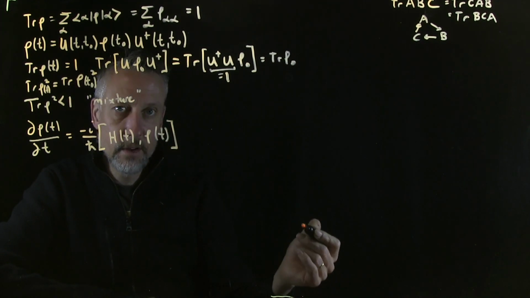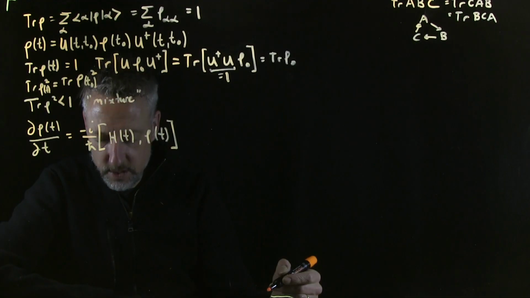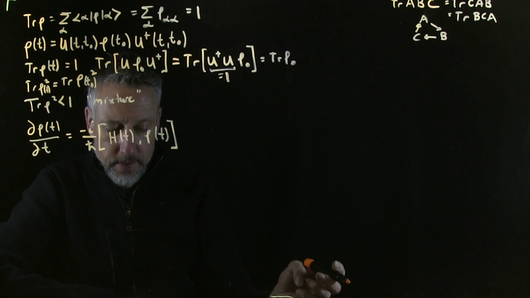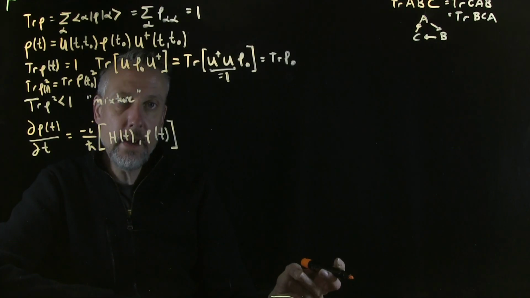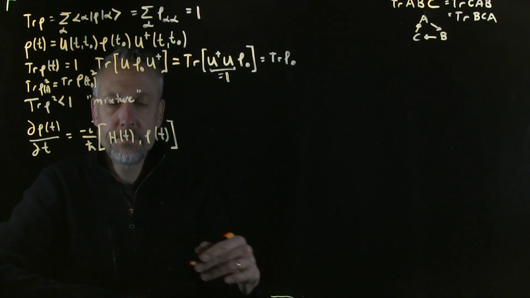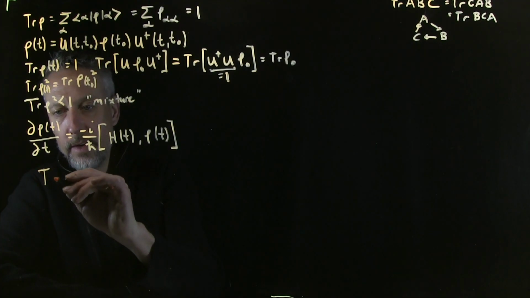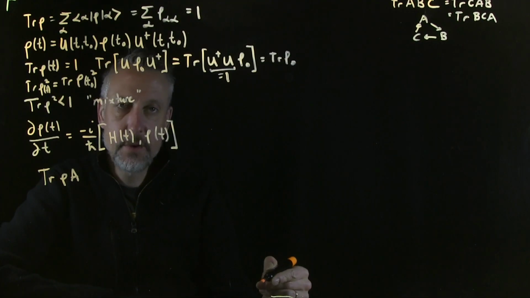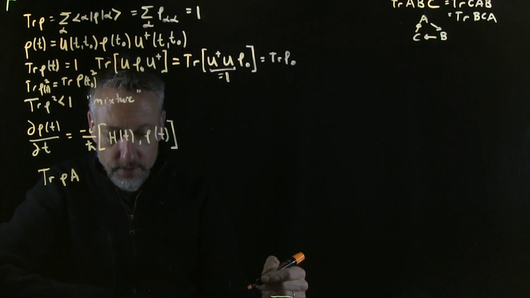All right, that's the Liouville equation, or the Liouville-von Neumann equation, whatever you want to call it. Now, one thing that we need to do is consider what happens when you calculate something like the trace of rho times some other operator.